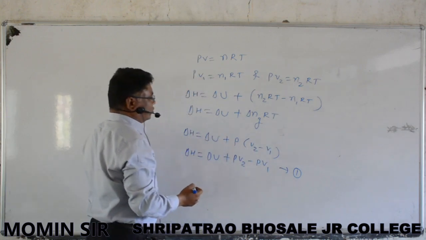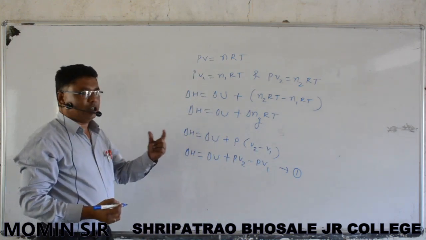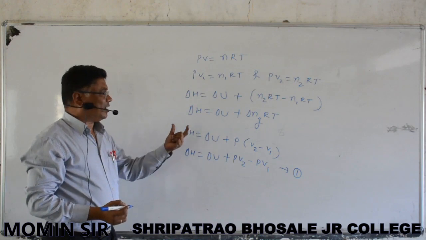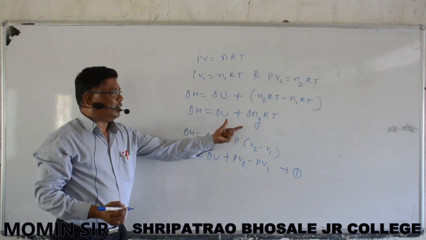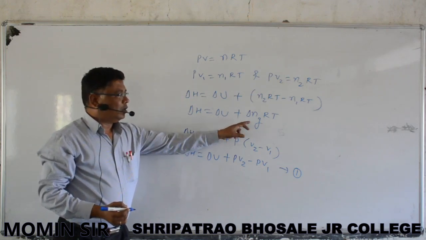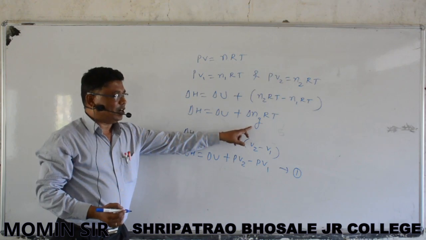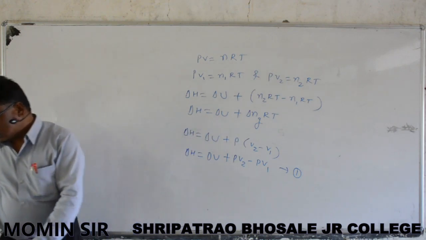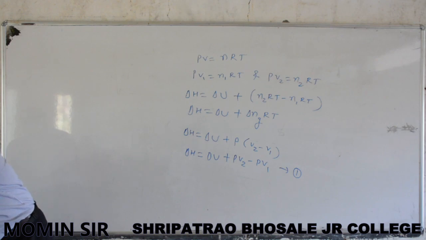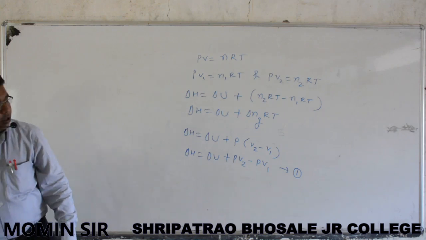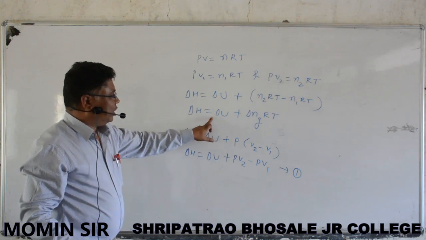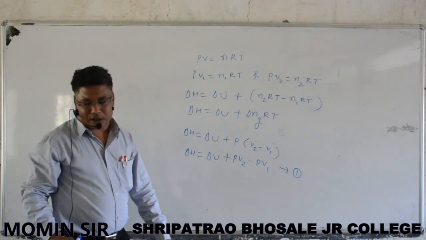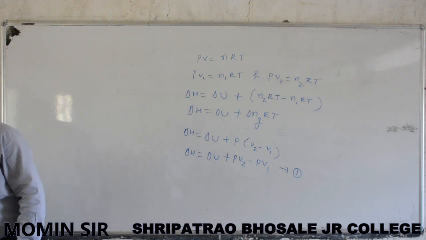So for those reactions involving gaseous reactants and gaseous products, delta H is equal to delta U plus delta N into RT, where delta N is for gaseous reactants and products. Finally we get this equation: delta H is equal to delta U plus delta N into RT.